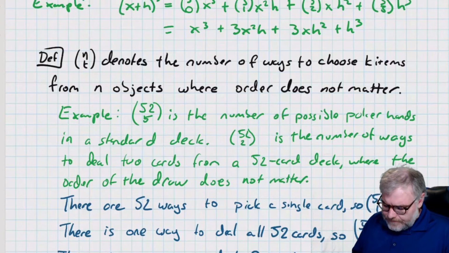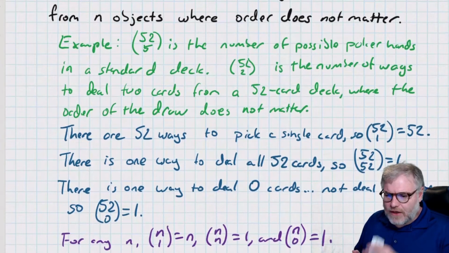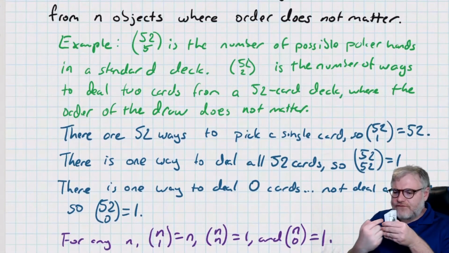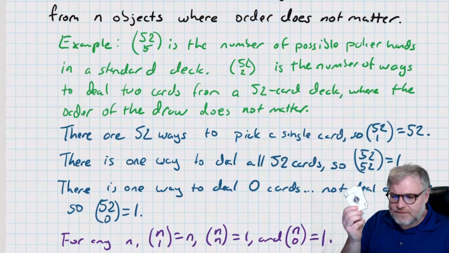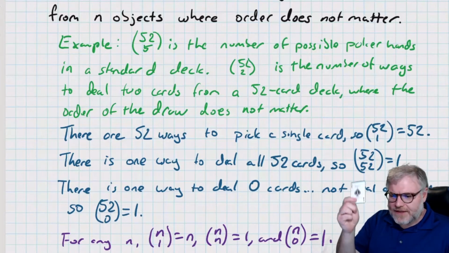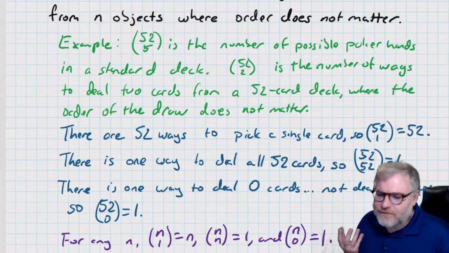There are 52 ways to choose a single card. Everyone on board with that? I got 52 cards. There are 52 possibilities for the card I got. So here I got the ace of spades. Oops, I only meant to get 1. The ace of spades. All right. There's 52 possibilities for the card I get. So 52 choose 1 is just 52.